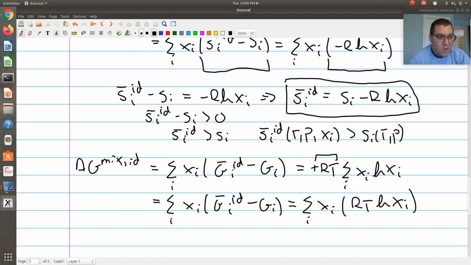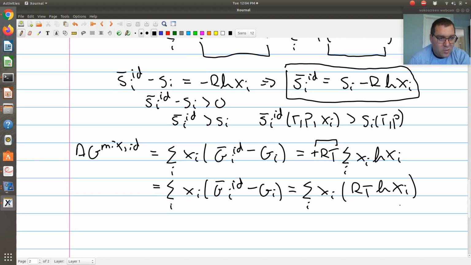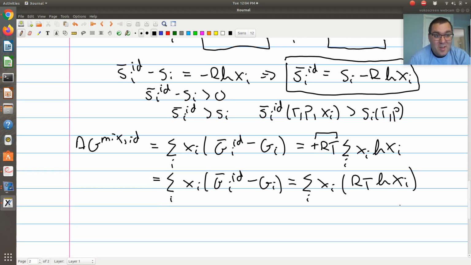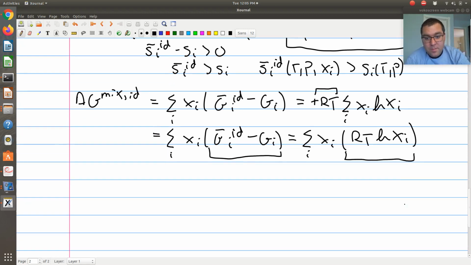Oftentimes thermo is that type of animal where you just have to keep seeing things in different ways to begin to make connections. So again, if these two expressions are equivalent and consistent, it must be that my terms in parentheses are equivalent.